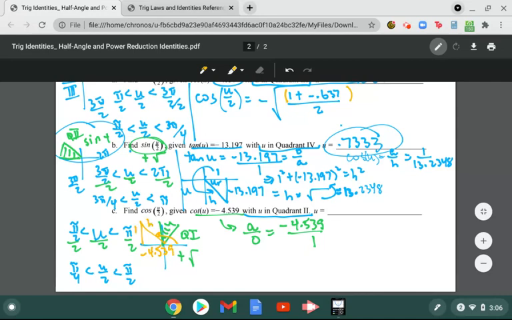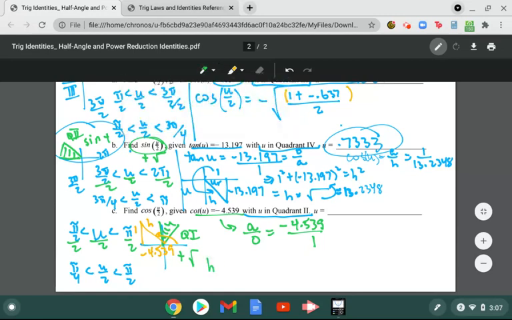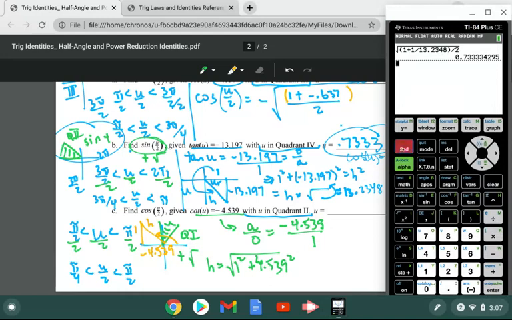I need to figure out what my hypotenuse is. The hypotenuse is the square root of 1 squared plus 4.539 squared. Okay, calculator. Square root of 1, I don't need the squared, plus 4.539 squared.